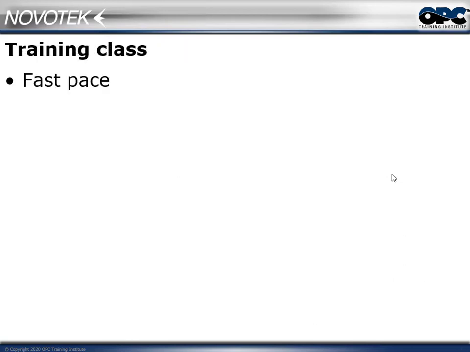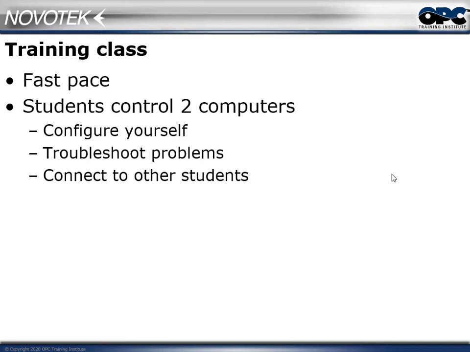The training classes itself, the format, it's quite fast paced. So if you want to just sit back and relax, this isn't the class for you. It's very, very fast paced. It's kind of like drinking from a fire hose. I've heard it said. Students get 2 computers. So each student receives 2 computers that you control. These are not scripted computers, by the way.